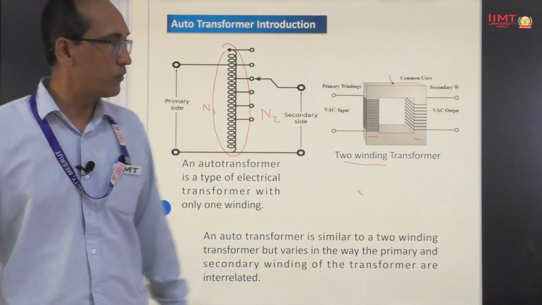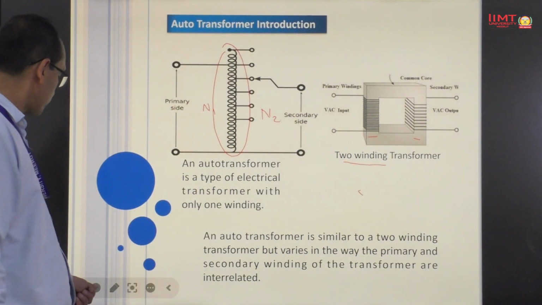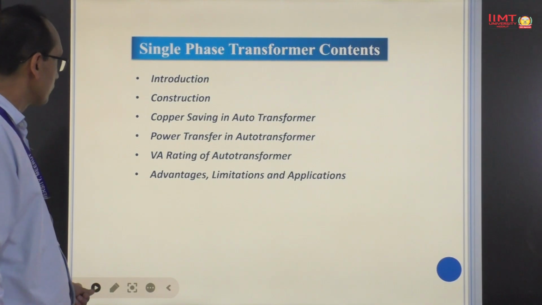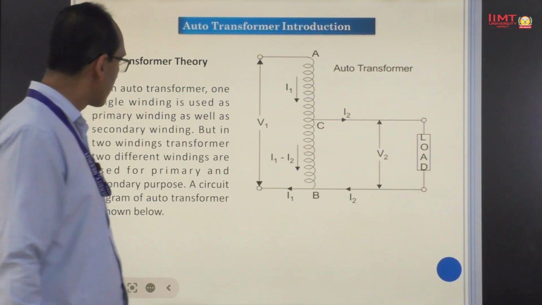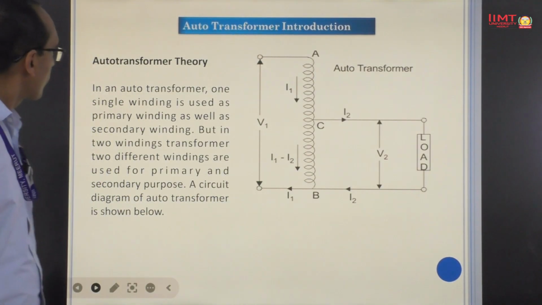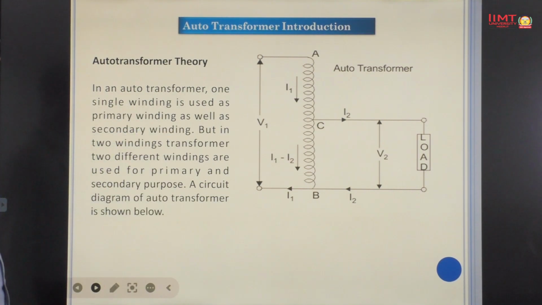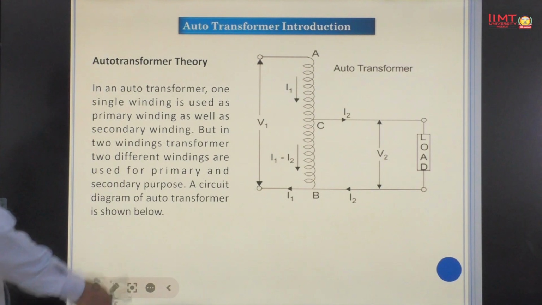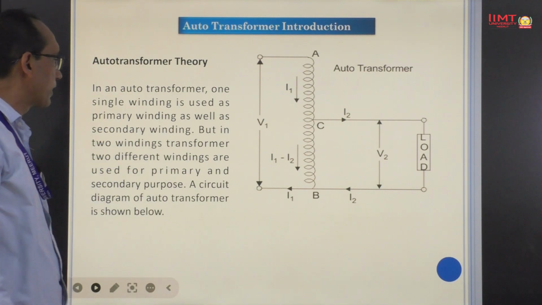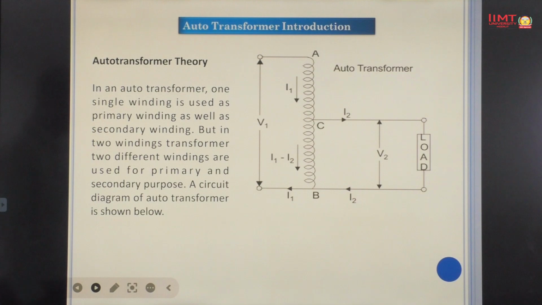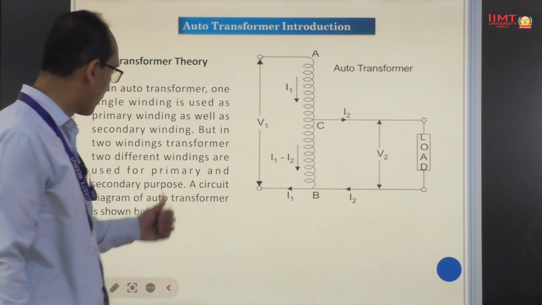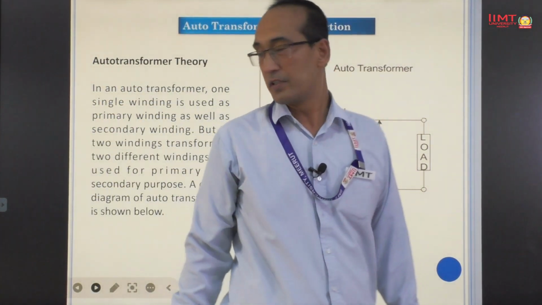So this is the case of auto transformer. Now, the general concept of auto transformer: in single phase auto transformer, one single winding is used as a primary winding as well as secondary winding, but in two winding transformer, two different windings are used for primary and secondary purpose.